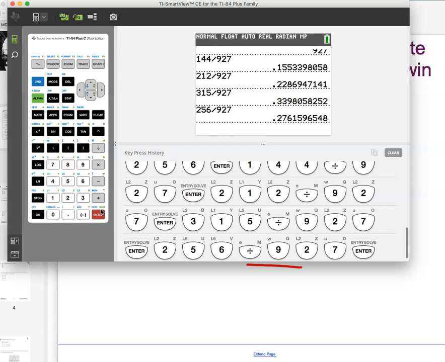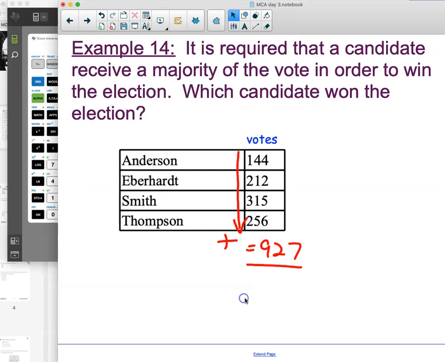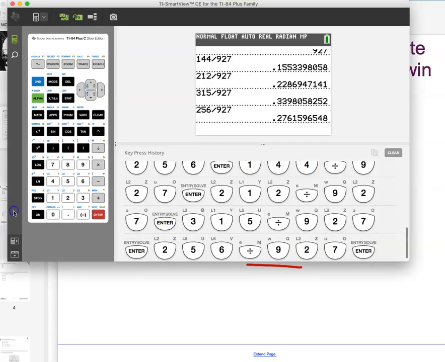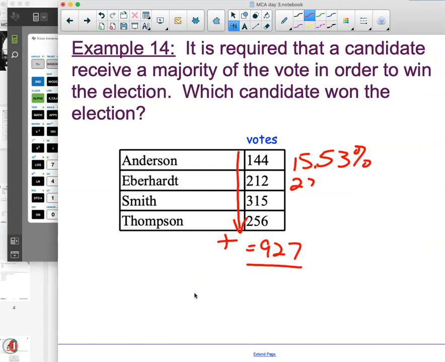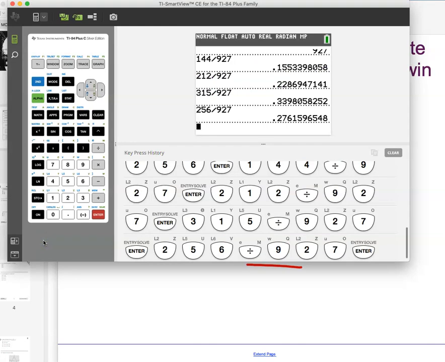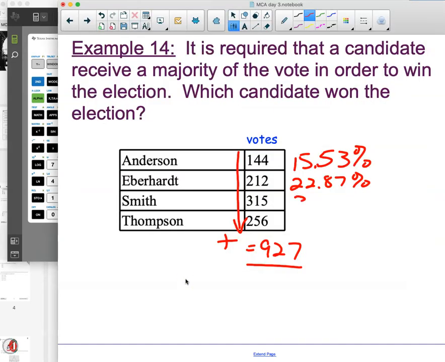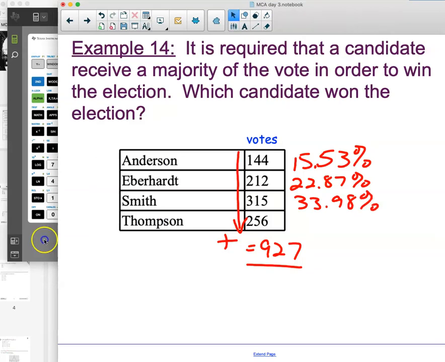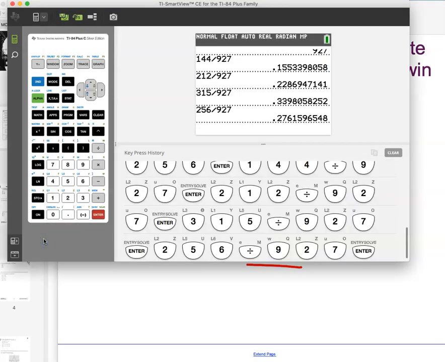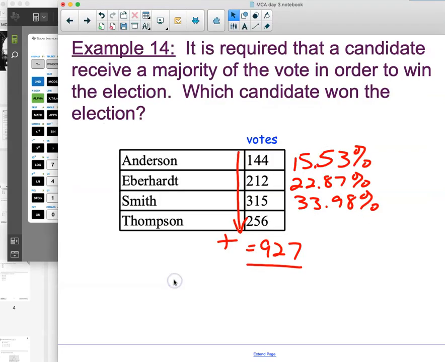So let me write those down. 15.53. 22.87. 33.98. And 27.62.